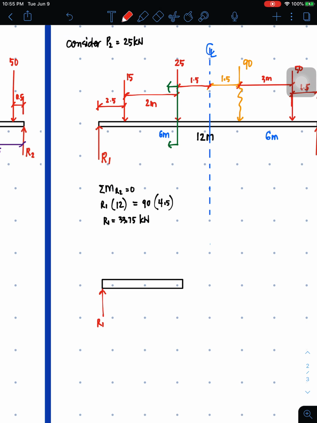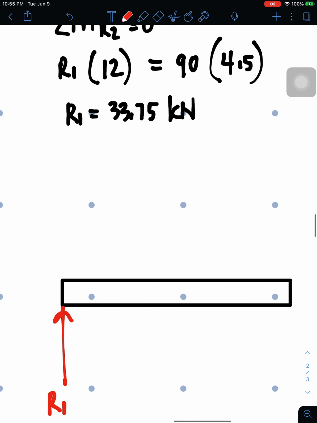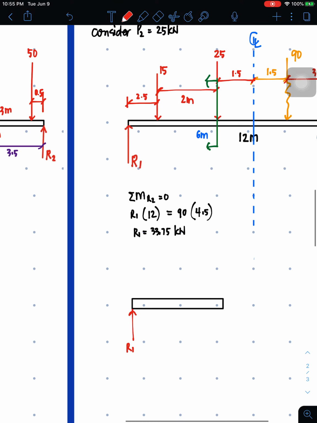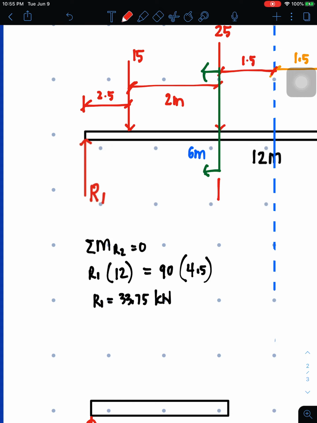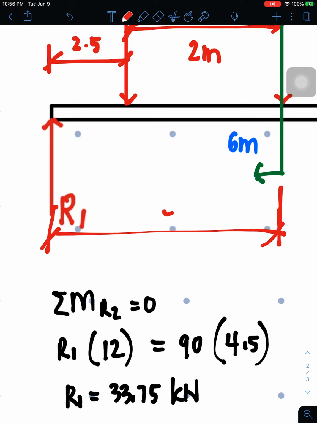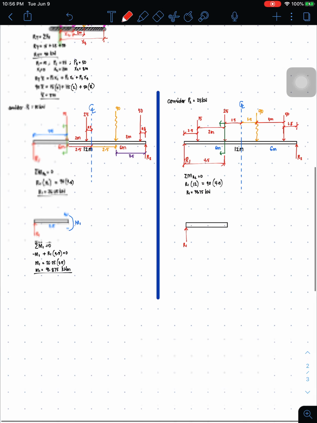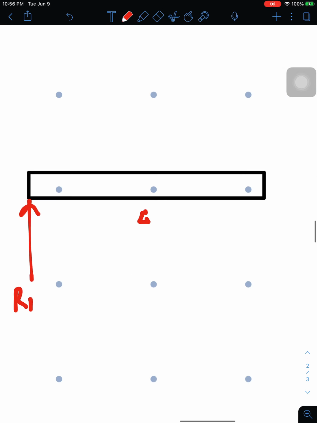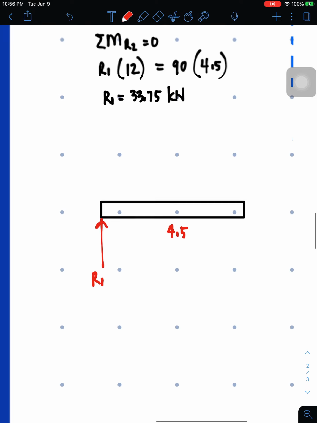Then I'll also place 15. No? So by the way, the cutting here, the distance of cutting, what is the distance here? 6 minus 1.5. So that's 4.5. So this is 4.5. And then I'll be placing the 15.